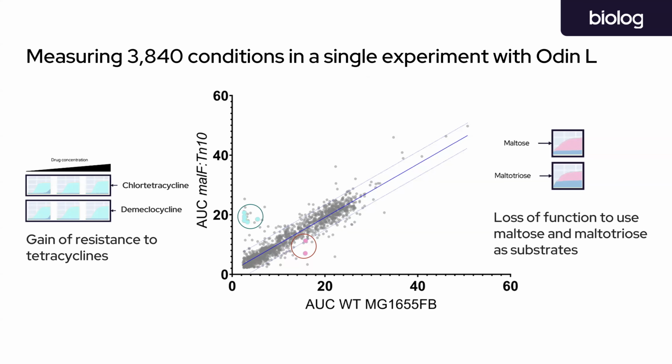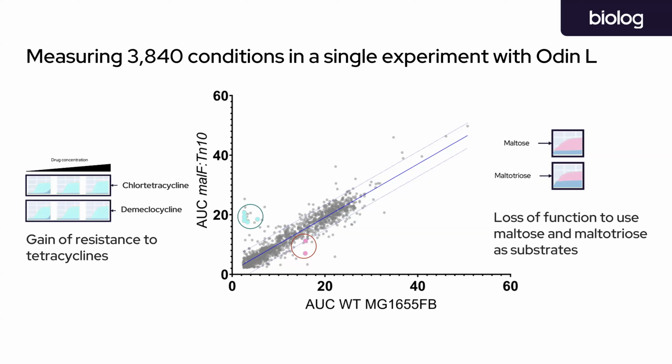Here there was a gain of function for resistance to some tetracycline family of antibiotics. So the mutant here is able to be resistant, whereas the wild type strain was not. And this makes sense to us too, because we know that there was a chlortetracycline resistance marker inserted at that malF locus.